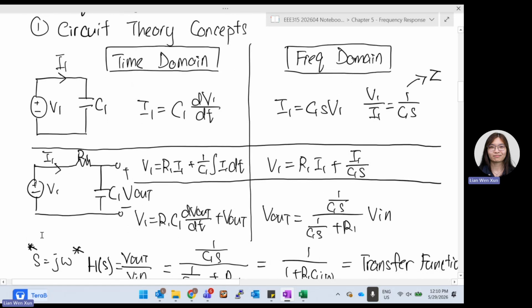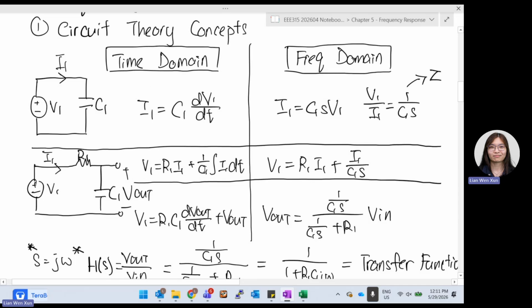At the same time, if it is time domain, we say that V1 is equal to R1 I1 plus whatever current flows to here times 1 over C1, then it will be your V1 already. All this current that flows through here, we say it is the derivative of your I1.